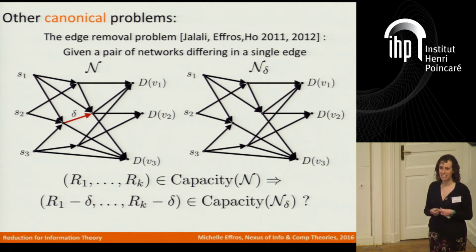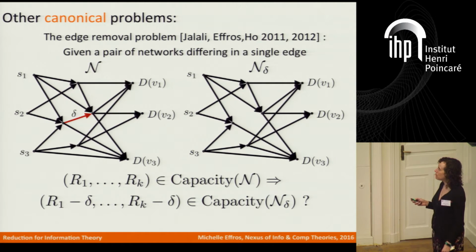And the question that we'd like to understand is the following. If you give me any network N of lossless capacitated links, I'd like to understand what the impact of any single edge is on the capacity of that network. So I picked a particular edge here, this edge I'll call E, and I want to understand how much this edge of capacity delta contributes to the capacity of the network as a whole.